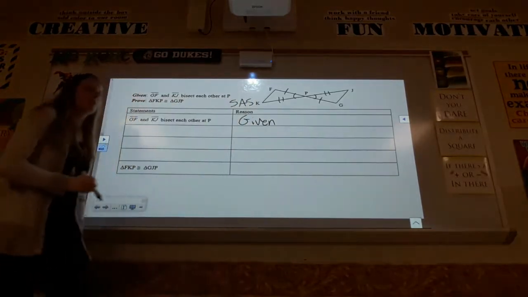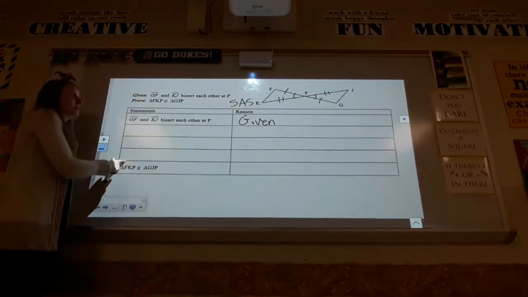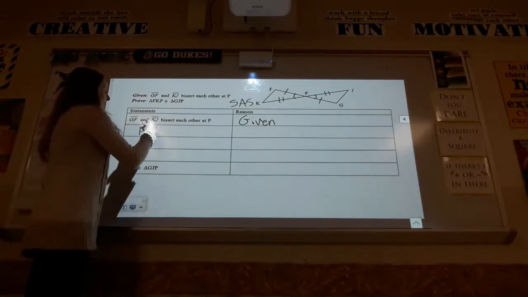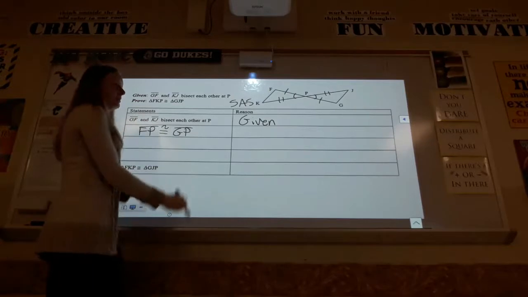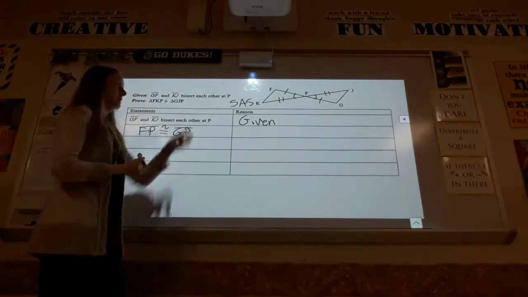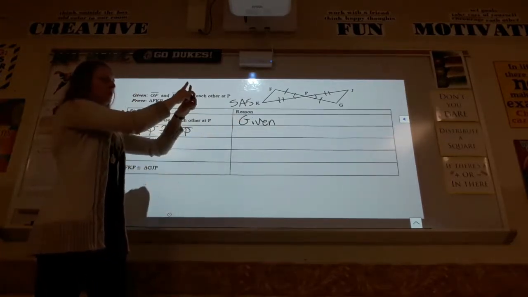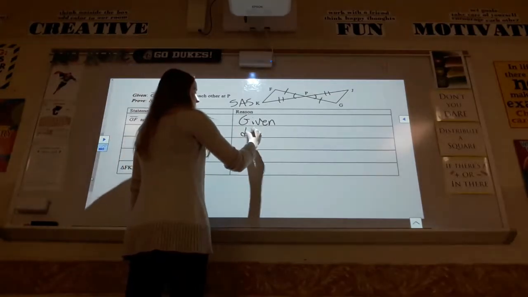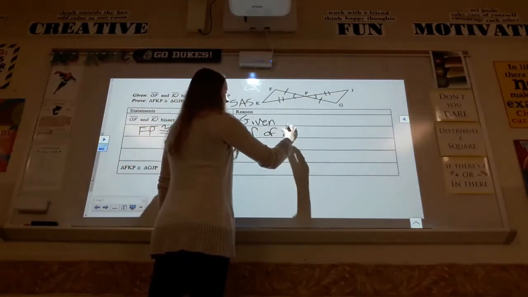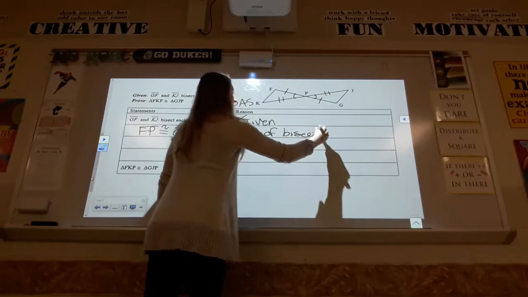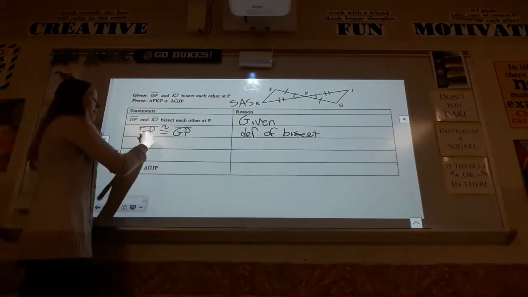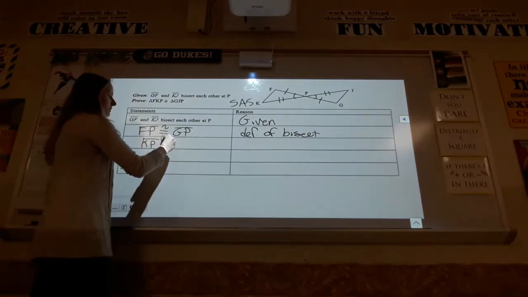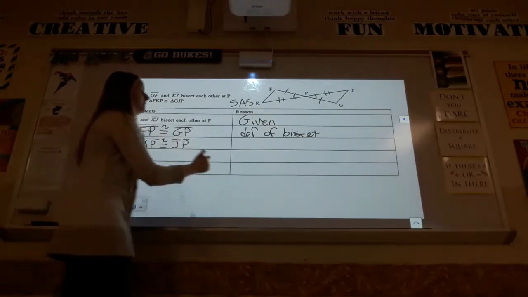So again, you're going to go into the body of the proof and you're going to write that down. So just like Tatum said, we could start with FP is congruent to GP. Make sure you name the letters in the correct order. F and G are corresponding and they both go in like that. So that was the definition of bisect. Alright, we did the same thing with the other line. We said that KP was congruent to JP. Same thing.